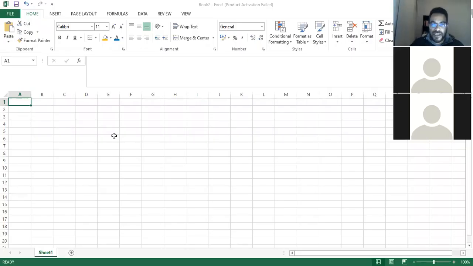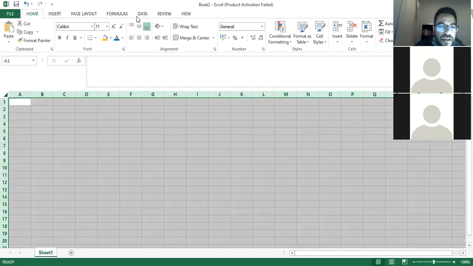Excel. Okay, so here we go into this cost accounting. I know most people don't like cost accounting, but it's not that bad at all. It's less enjoyable than financial management.